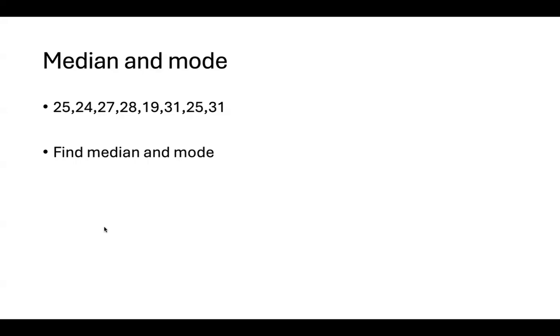For median, you need to reorder all of the numbers into ascending order. So you'll go 19, 24, 25, 25, 27, 28, 31, 31. Then you have to pick the middle value. Now, because there are an even number of values, the middle value is actually going to be the 4.5 value.